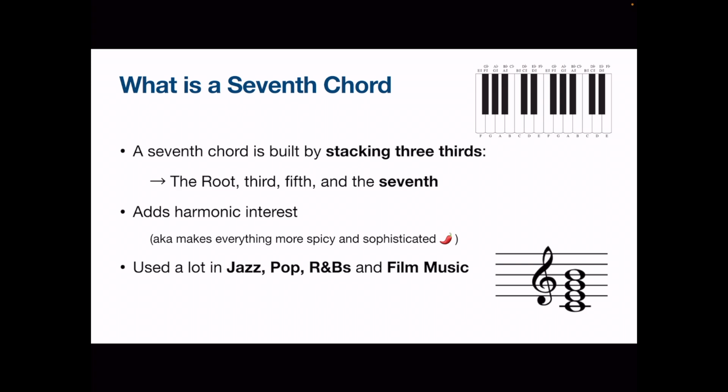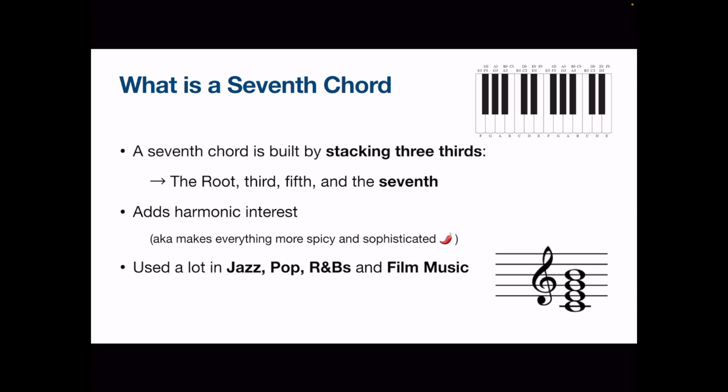But the point is that seventh chords can give you a lot more different kinds of emotions, the emotions that are in between just happy or sad, right? So melancholic is definitely one word that we would think of when we hear harmonies like this.